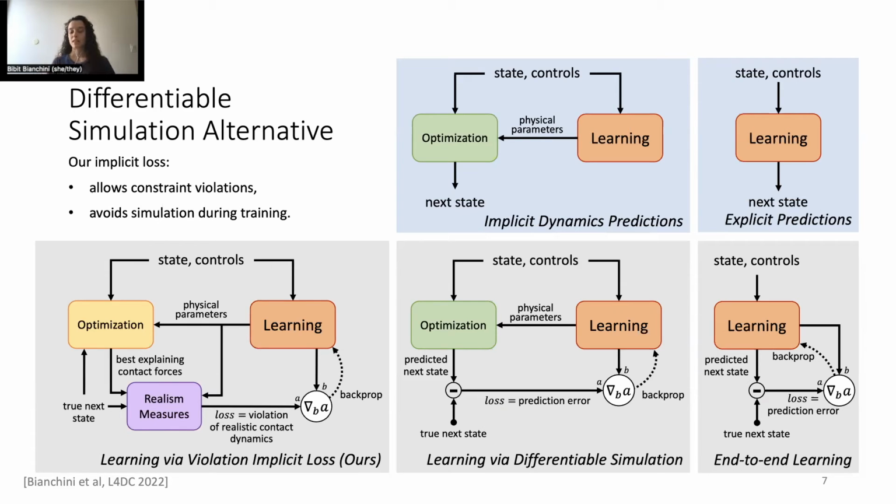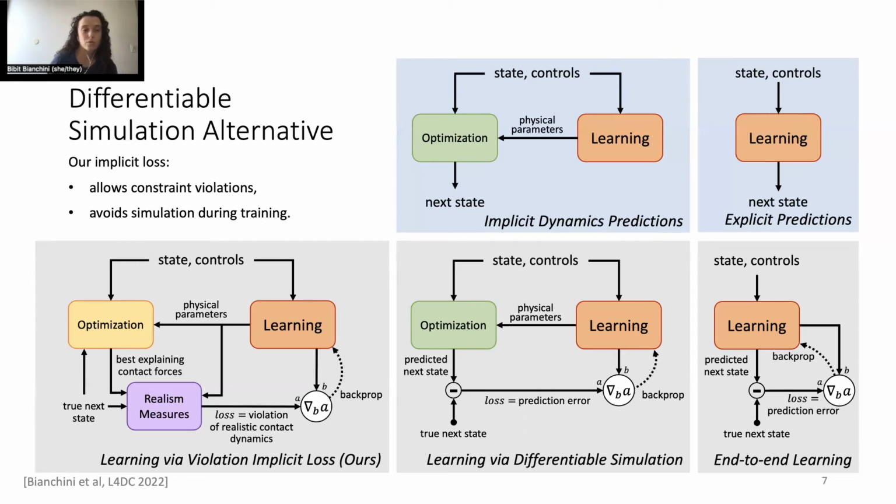And it looks at the transition between state 1 and state 2, finds the contact forces that best explains that transition, and then we penalize those predicted contact forces based on how realistic they are given the physical parameters we believe are true of our system. Then we can perform backpropagation on that value and update our learned block that way.